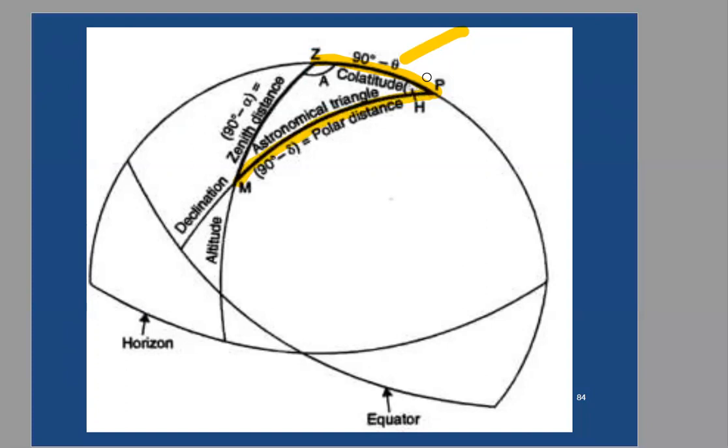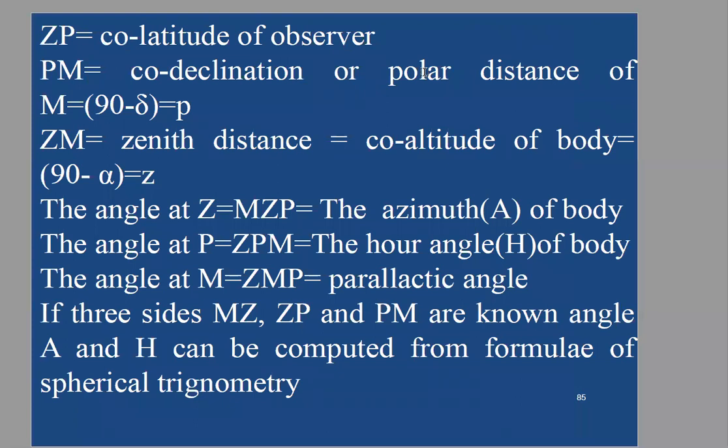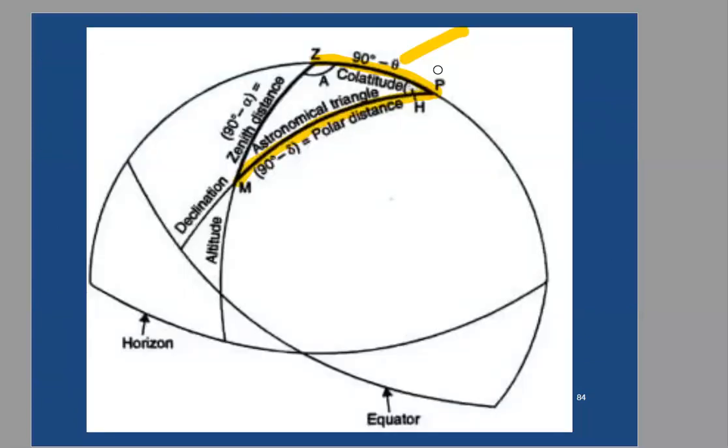Declination is delta, so co-declination will be 90 minus delta, and co-altitude will be 90 minus alpha, as we have assumed altitude to be alpha. So these are the known facts.